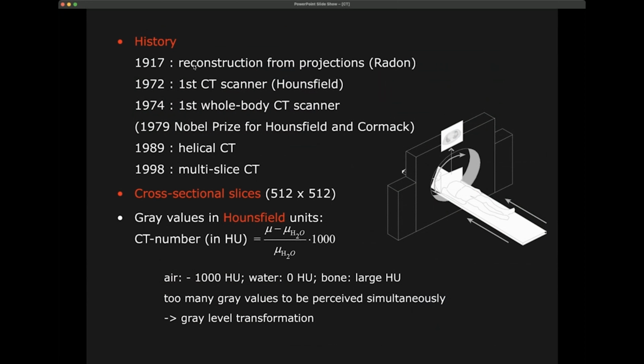In 1917, Radon calculated that it is possible to do imaging based on making projections, and that's what it comes down to. And the first scanners actually came in the 70s of the past century.